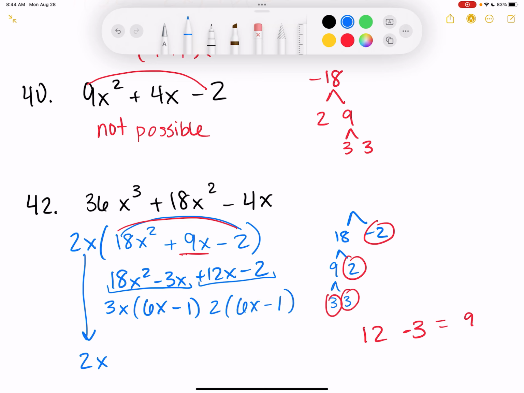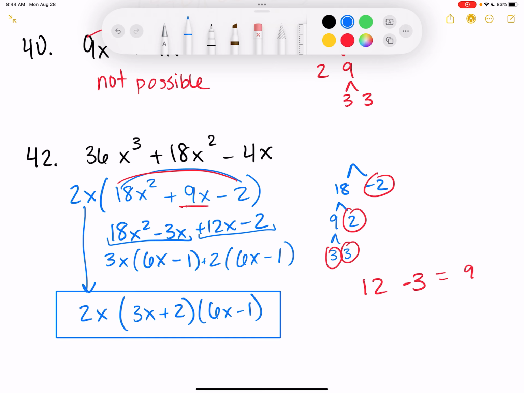So we're looking for the stuff in parentheses to match, and it does. So now down here at my 2x, I have that times 3x plus 2. So that's everything outside the parentheses. And then, technically there's a little plus sign there, times the 6x minus 1. That gets written one time.